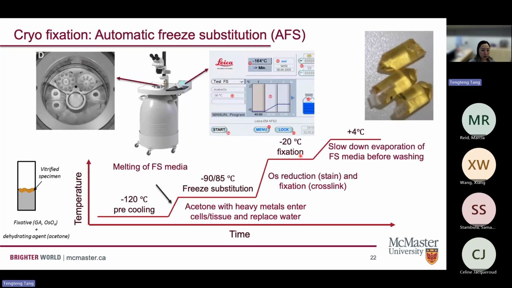So here is a typical example with the freeze substitution. Essentially, once the sample is prepared under cryogenic condition, either on the grids or sandwiched between the planchette, they'll be stored with the liquid nitrogen.